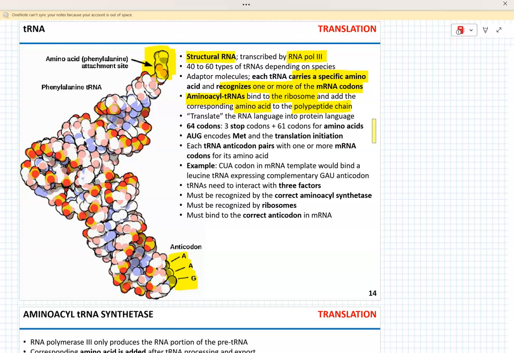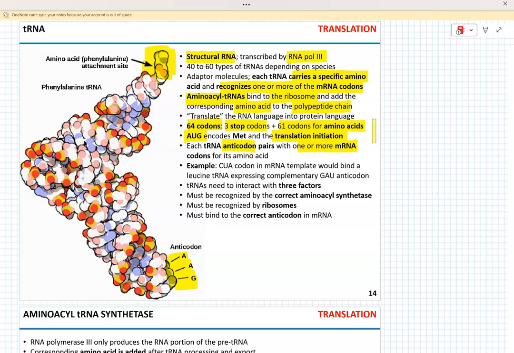We mentioned before that out of 64 codons, 3 are stop and 61 codons encode amino acids. The codon AUG also can serve as the start codon to designate the place of translation initiation. In each tRNA molecule, there are 3 nucleotides called an anticodon. This anticodon in tRNA pairs with 1 or more codons in mRNA, allowing tRNA and a ribosome to insert an amino acid in a sequence-specific manner.